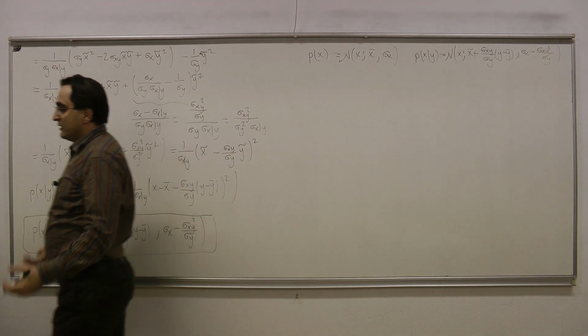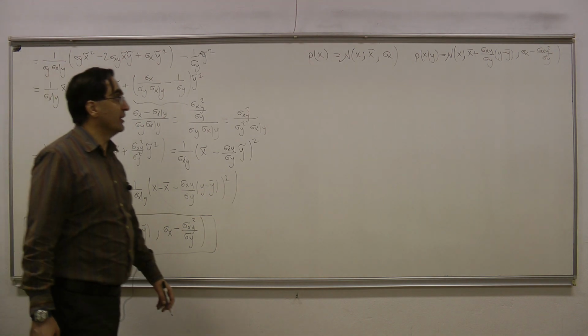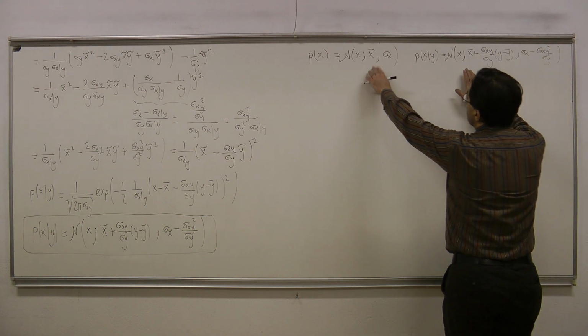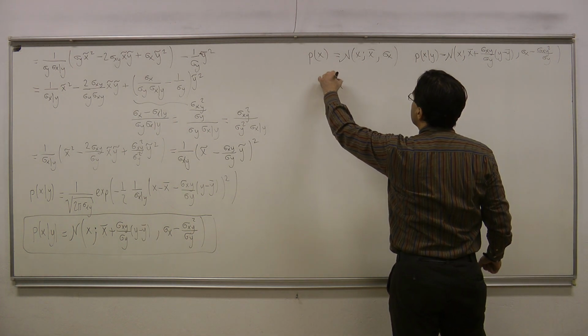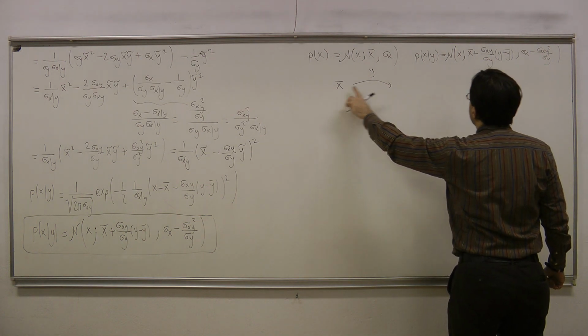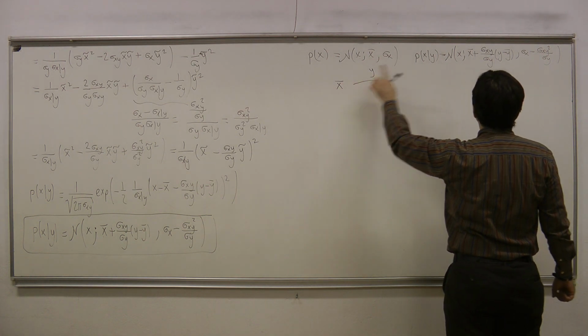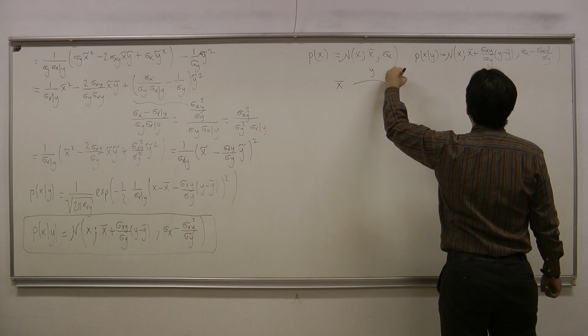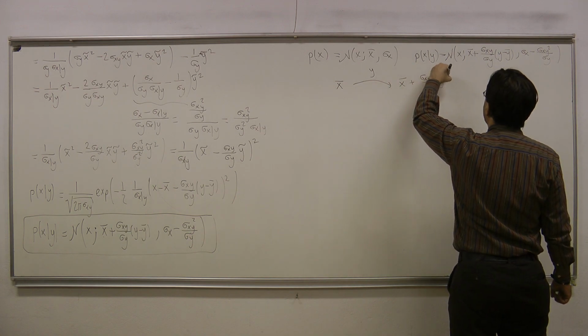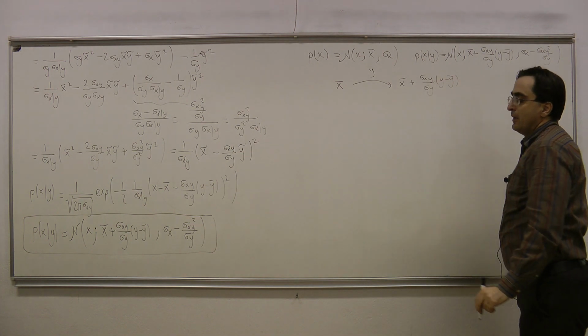So now what are the changes here in this distribution? The mean is modified from where to where? If y is given to us, the mean of x is modified from x bar to x bar plus sigma xy over sigma y, times y minus y bar.